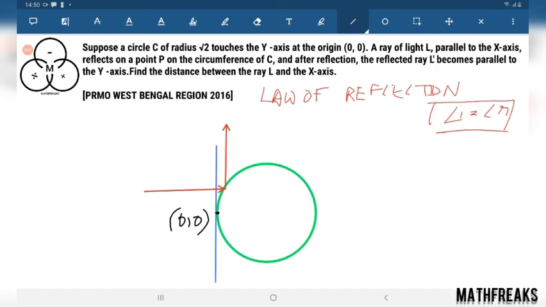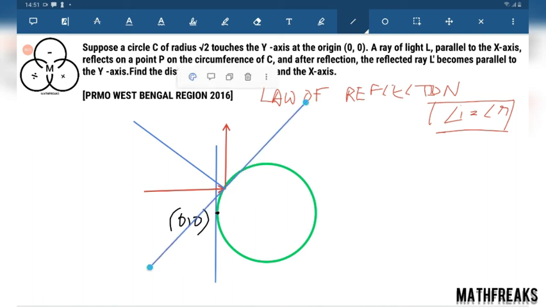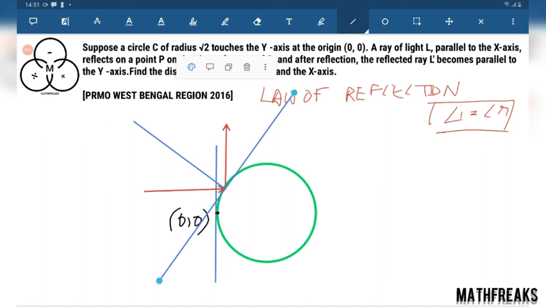If this is the normal, now with respect to what are we considering the normal? With respect to the tangent, there is a minimum idea of reflection, or even you can say circle. With respect to the tangent, we are considering it. So this is the normal with respect to the tangent.